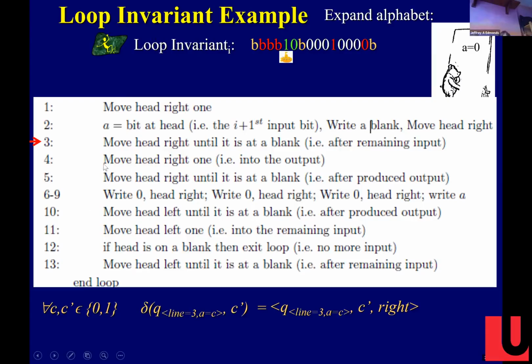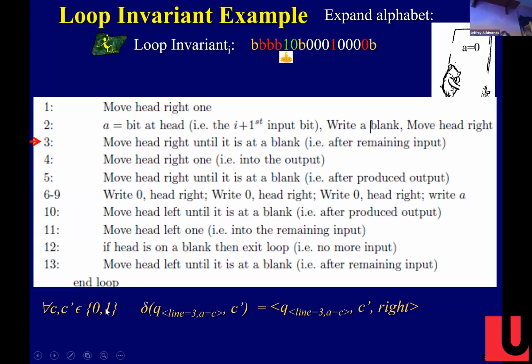So I know that when I'm in line 3, A has some value C. What is C? I know from the previous line that C is either 0 or 1. All right, so now I'm reading some character. What does the code do? Well, there's 2 cases. Either it's blank or it's not a blank. So let's handle the not a blank case. So what am I reading? Well, I'm reading a not a blank.